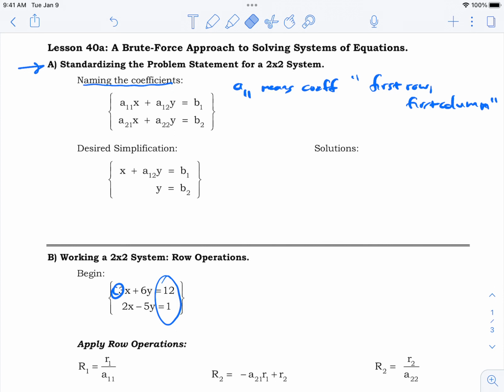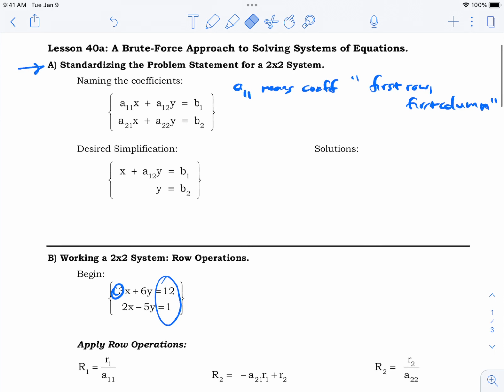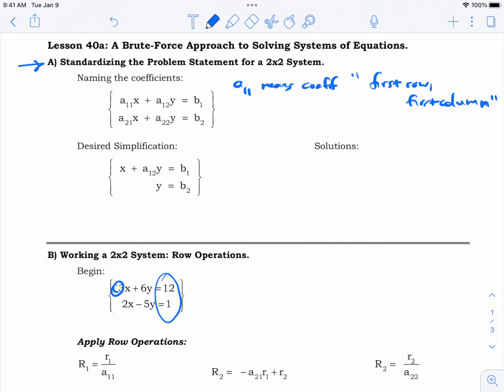Now, the way this is going to work is we're going to follow a process, and I'll show you the process in a little bit, that takes our starting point, whatever the general 2x2 system happens to look like, whatever all these coefficients happen to be, and we're going to play around with it until we can simplify the system to have this kind of a shape, where notice there's no x here.